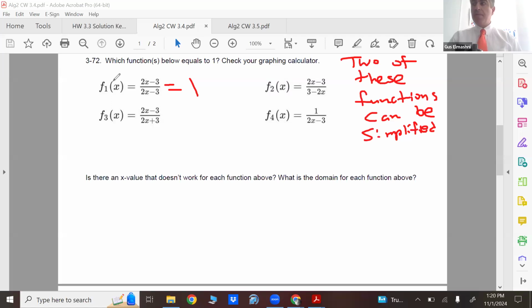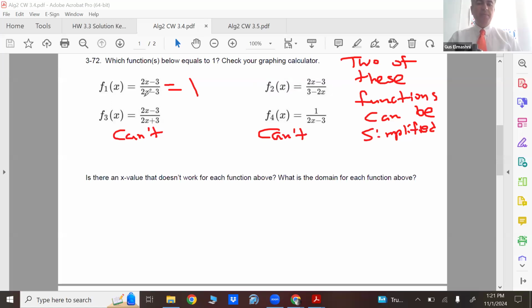The third one? Well, the third one can't, because they're different. Okay, I thought you said it could be. The third one cannot. Yeah. Okay, sorry. I thought you said can. Sorry. How about the fourth one? Can that? Nope, because it just is what it is. The second one's kind of interesting.